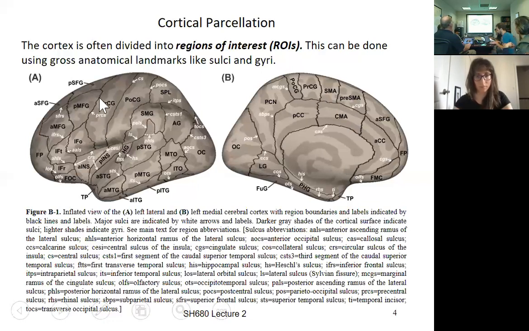One other thing to note is that I'll also differentiate lateral premotor areas from medial premotor areas. Lateral premotor areas are on the precentral gyrus and inferior frontal gyrus for speech, so right around here. And the medial premotor areas are the supplementary motor area, called SMA, and the pre-supplementary motor area, called pre-SMA. These do different things in speech.